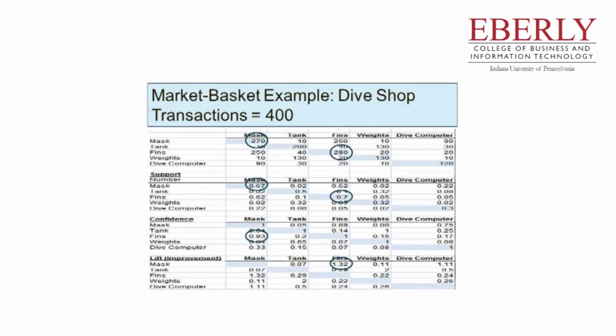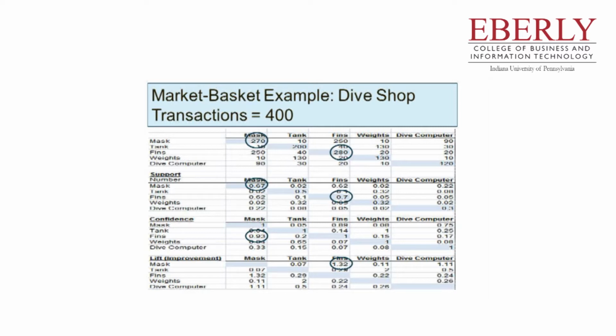Figure 9.20 shows hypothetical sales data from 400 sales transactions at a dive shop. The first row of numbers under each column is the total number of times an item was sold. For example, the 270 in the first row of mask means that 270 of the 400 transactions included a mask.